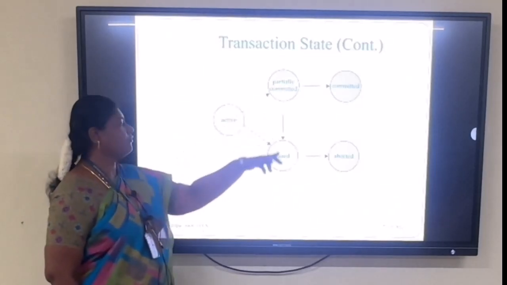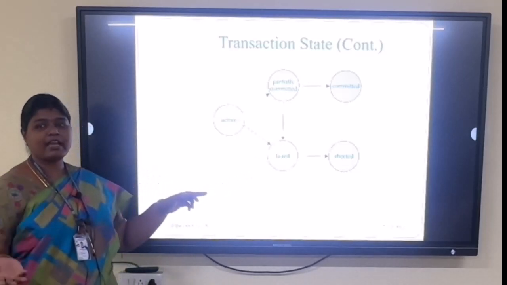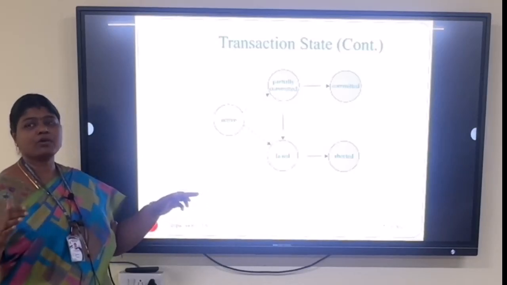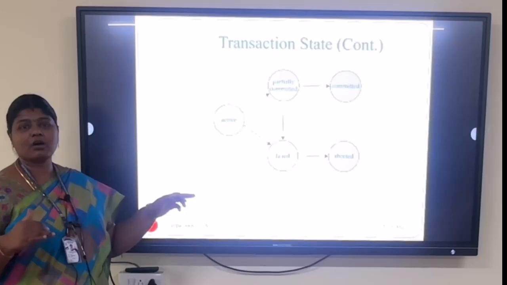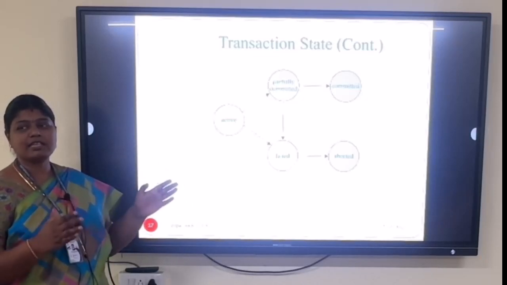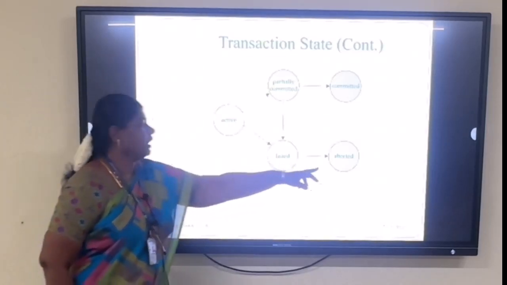What the system should do is roll back to the starting state, so that the amount which has been reduced from our account is restored to the starting amount which was available in the account. So that is the abort state.